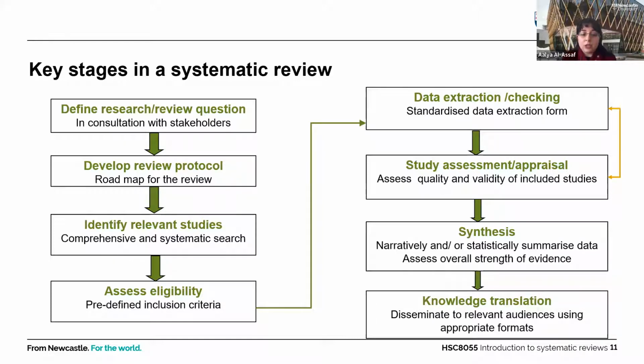And then you will start the search of the literature, which should be a comprehensive and thorough search of literature to identify all relevant evidence. So try to search different databases and different sources in order not to miss any relevant study.